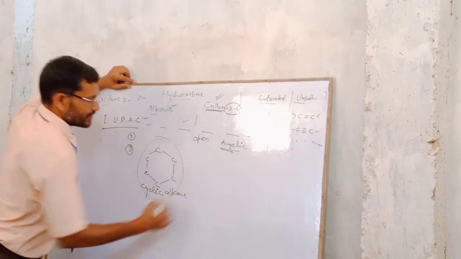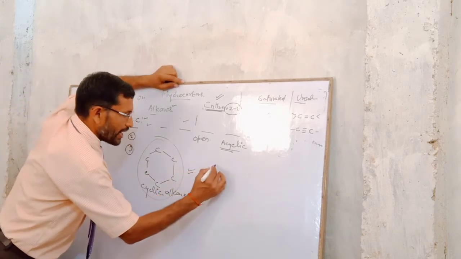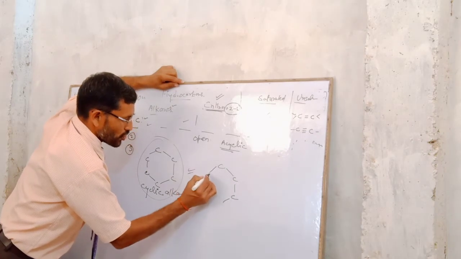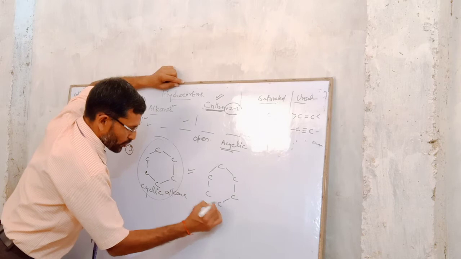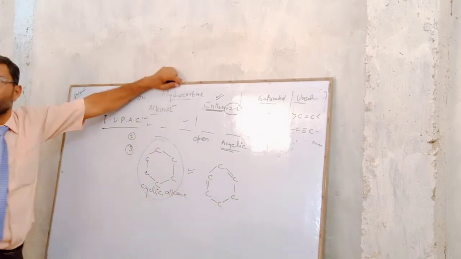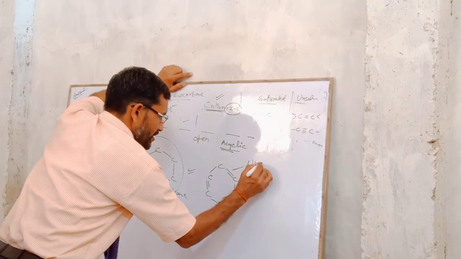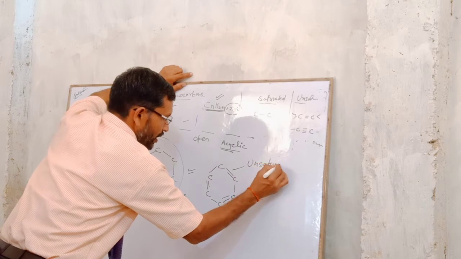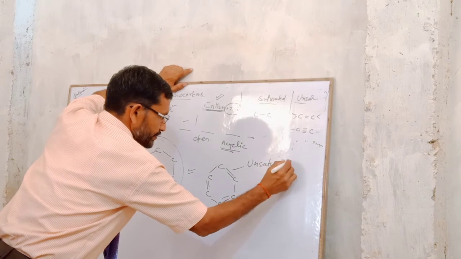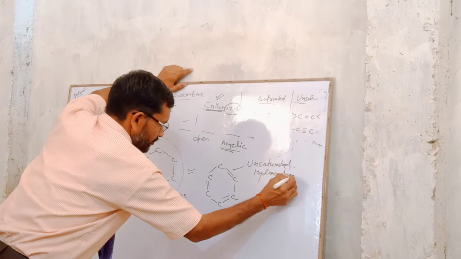Acyclic. In case of cyclic, you may also have an example of unsaturated hydrocarbon. Suppose there is a double bond here, whatever. If I have a double bond, this is unsaturated hydrocarbon, isn't it? But what type?